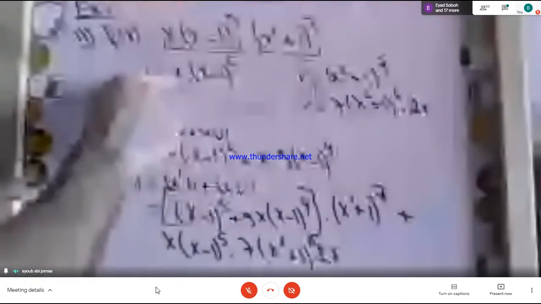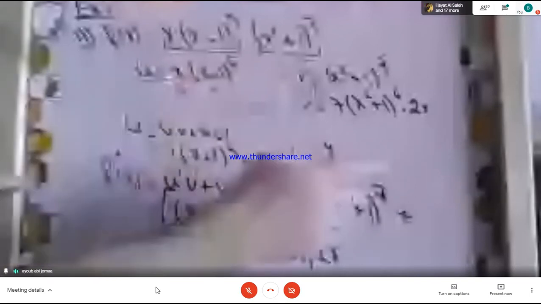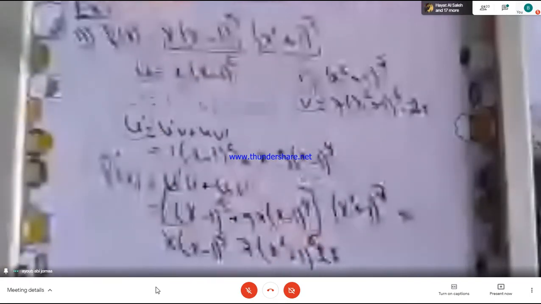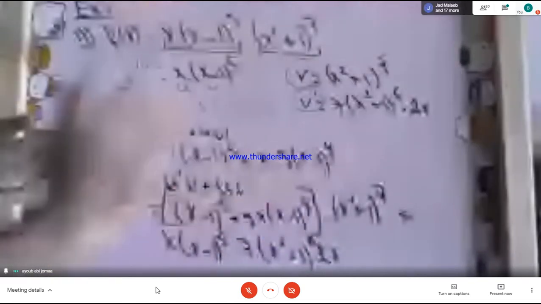Directly write u prime, it is 1 times x minus 1 power 5 plus x times whatever. You can write this directly, no problem. What matters is that you understand how we get the derivative and why.